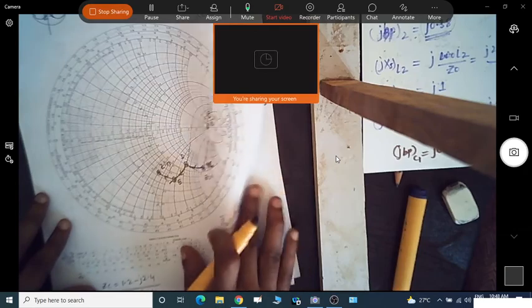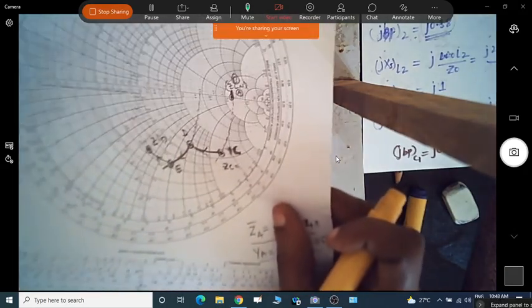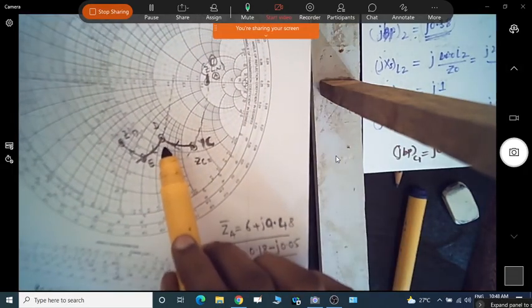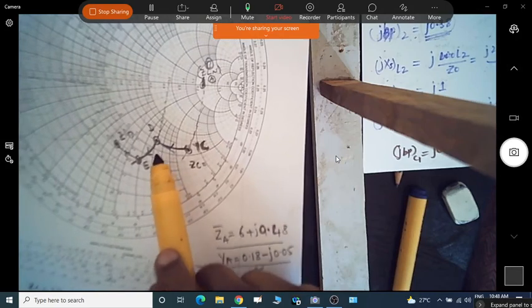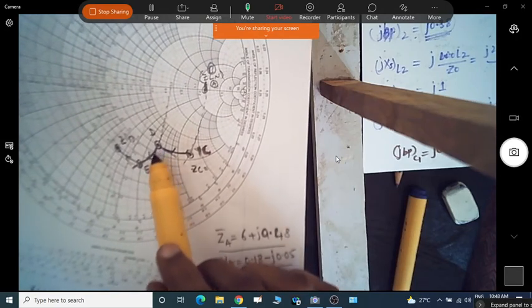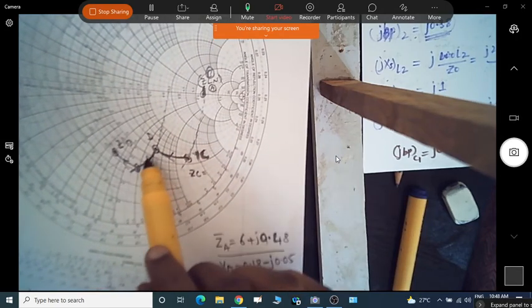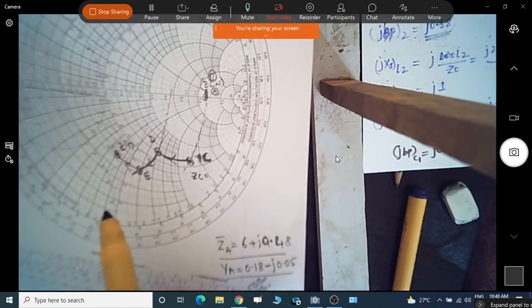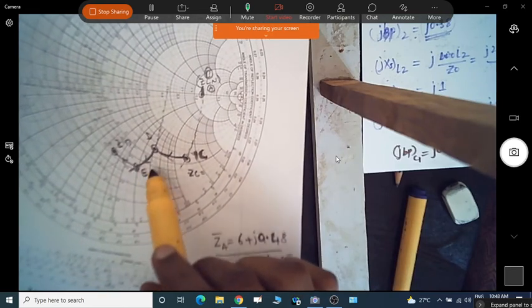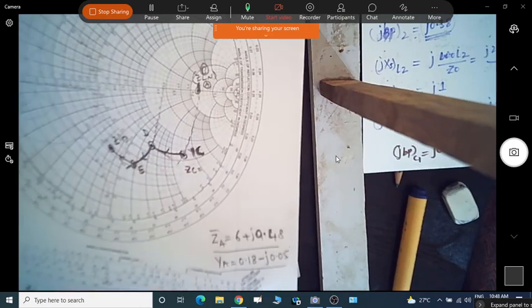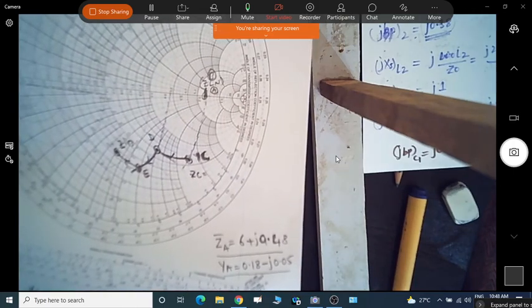Now you can see, this is point D. From point D to point E, we are moving on the conductance circle downwards. Why? Because we are adding the capacitive susceptance C1. Is it understood?